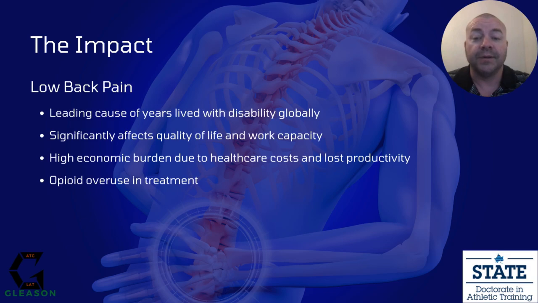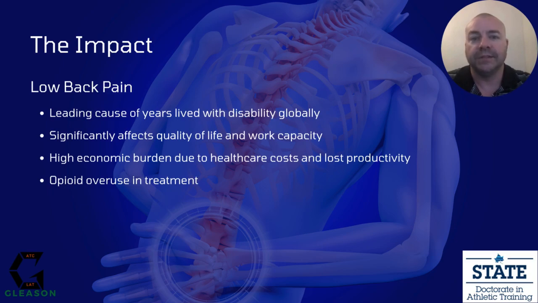And as we look at that problem, it obviously is the leading cause of disability, but it's also a big effect on work quality and quality of life. And therefore, that leads to a high economic burden just due to healthcare costs and constant, chronic low back pain, or just as we mentioned earlier, the answer not being clear.